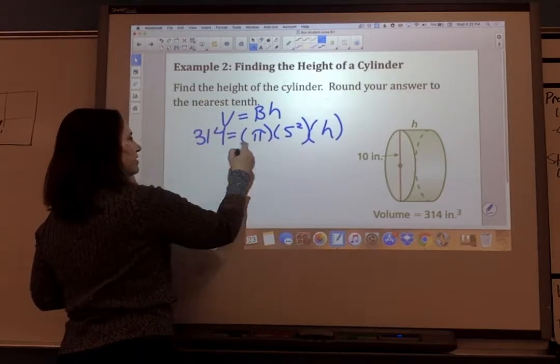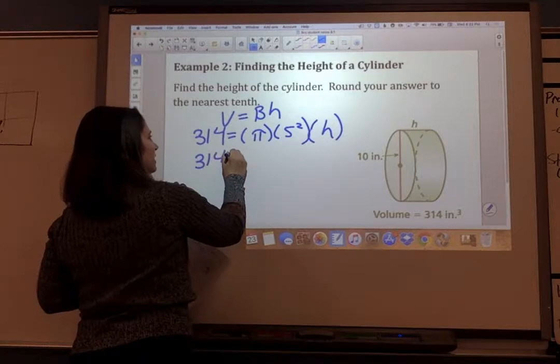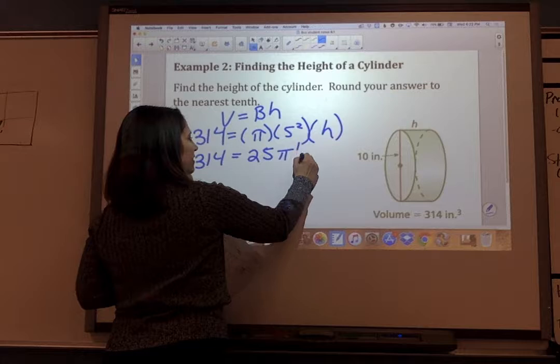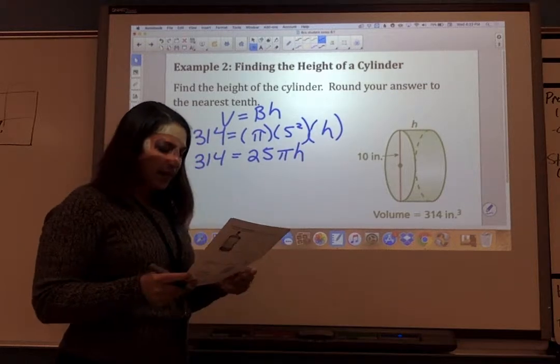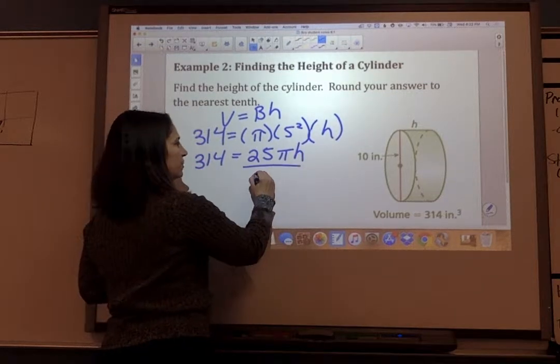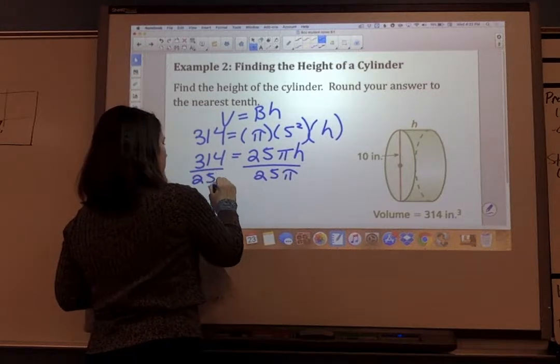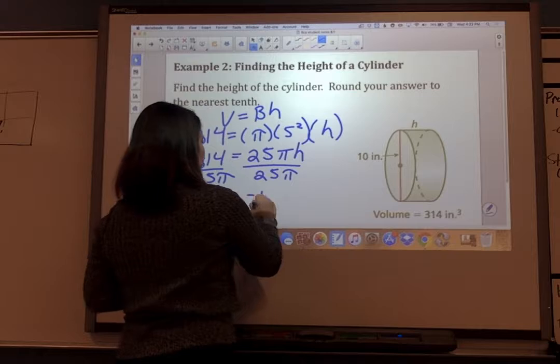So 314 will equal pi times 5 squared times h, and we'll solve this equation for h. So let's simplify this here to say 314 equals 25 pi h. And then we can divide both sides by 25 pi to find h.